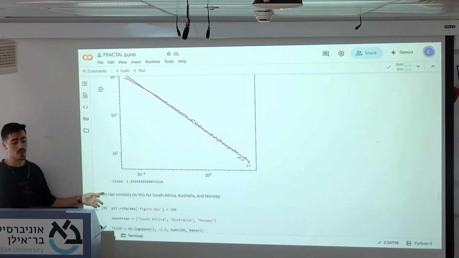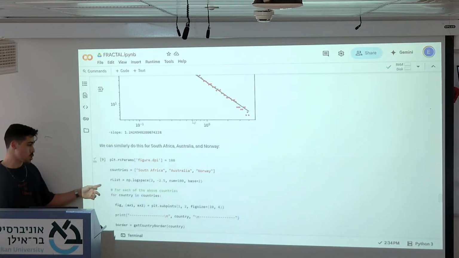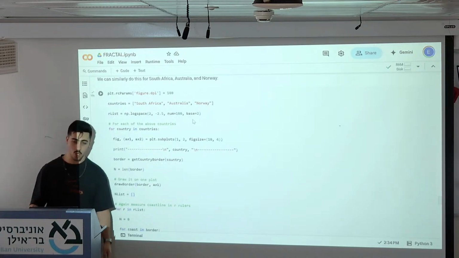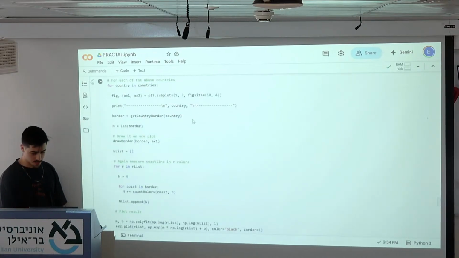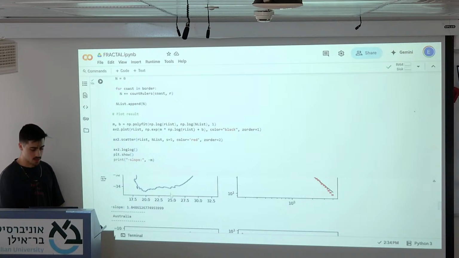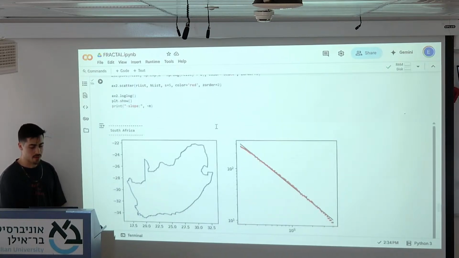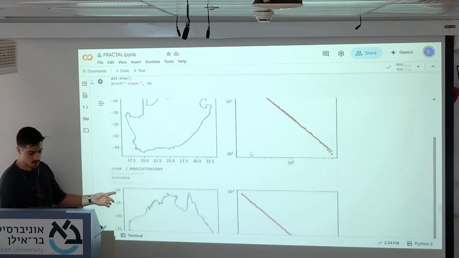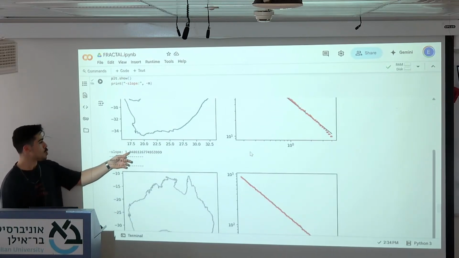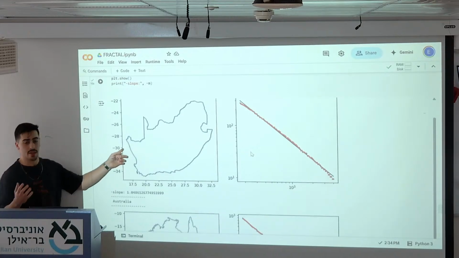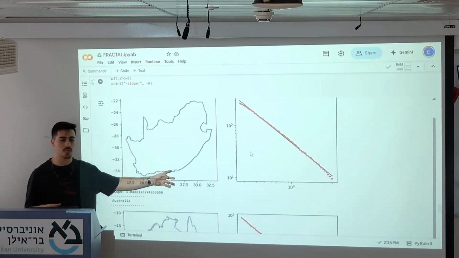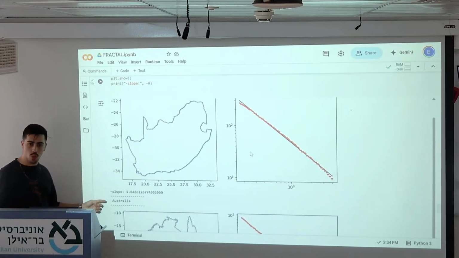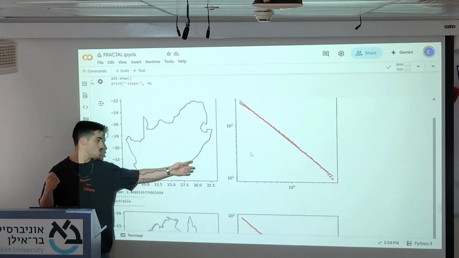We can also do this for various other countries, like South Africa, Australia, and Norway, for which we do the exact same process. For South Africa, we get a fractal dimension of about 1.05. And that makes sense, because even though it has some wiggles here, it's mostly flat and uninteresting. So the coastline itself is much closer to a line than to a plane.